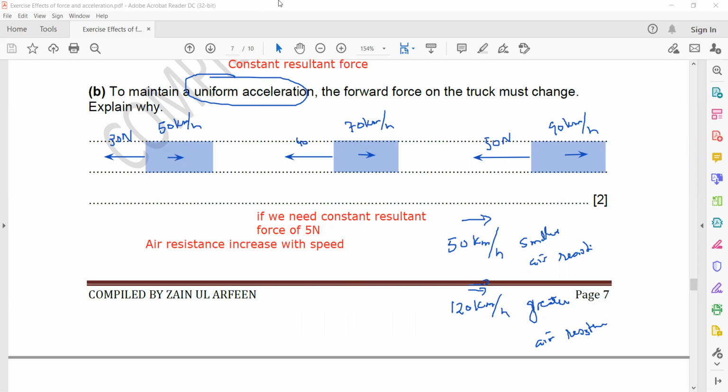What should be the force of the truck? The forward force from the truck, or the force of the engine, you can also say. How much should be the force of the engine to get the resultant force of 5 Newton? If the air resistance is 30, what should be the force by the engine to get the resultant force of 5 Newton?